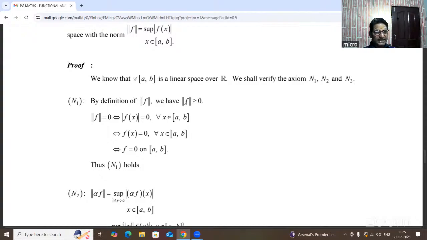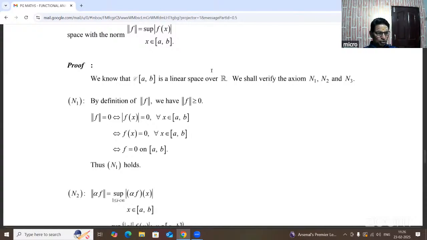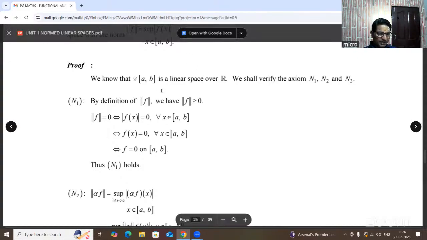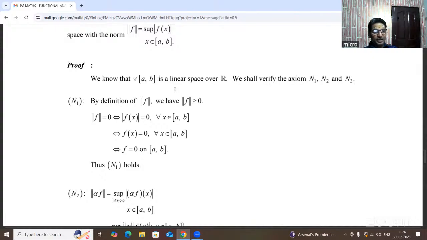C[a,b] is a linear space over R. We shall verify the axioms N1, N2, N3 under the given condition. The set of all real bounded continuous functions is denoted by C[a,b]. We have already studied C[a,b] in the topology part, in the previous paper 5.